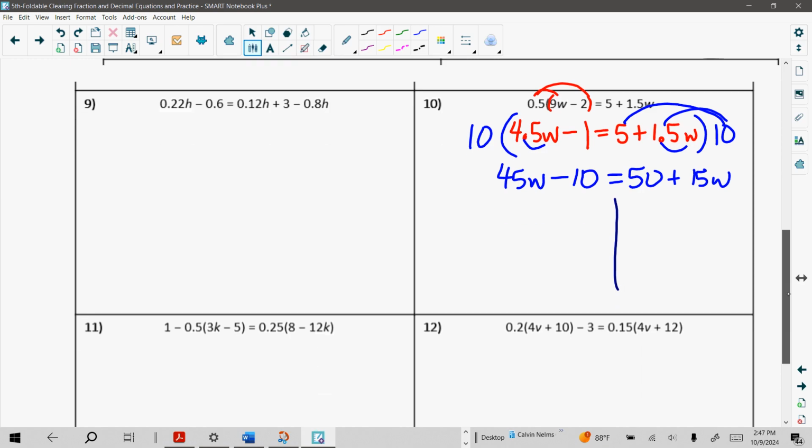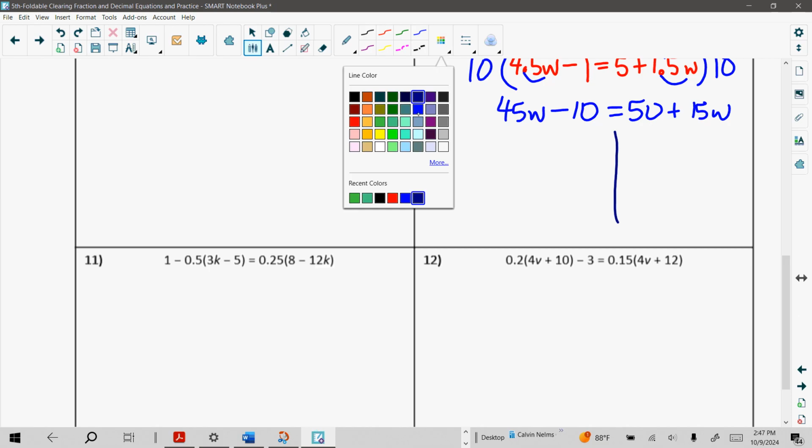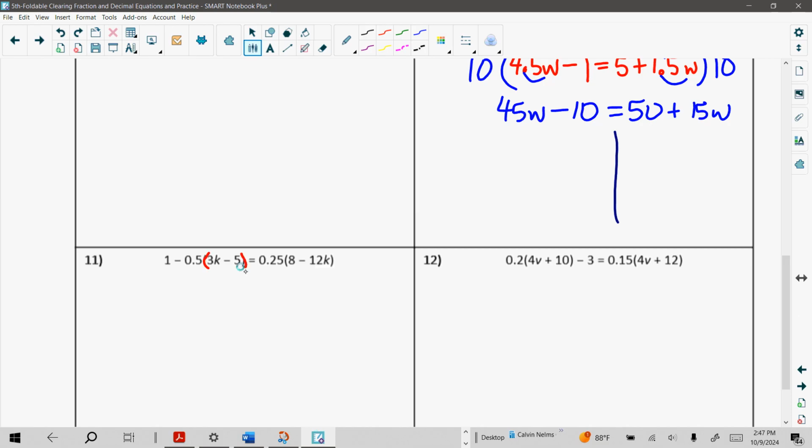Remember, from 10 on, because there are parentheses, you want to distribute first, okay? This one is not getting distributed, it's staying, so this actually would be 1 minus 1.5k, and then this is a negative, and a negative now makes that positive 2.5 equals, and then a fourth of 8 is actually 2 minus. 0.25 is simply saying a fourth, and a fourth of 12 is 3.